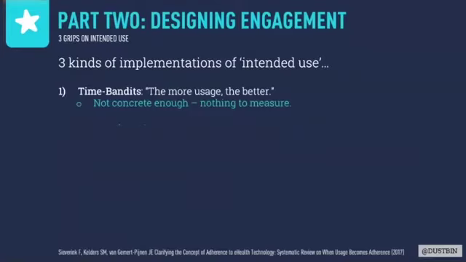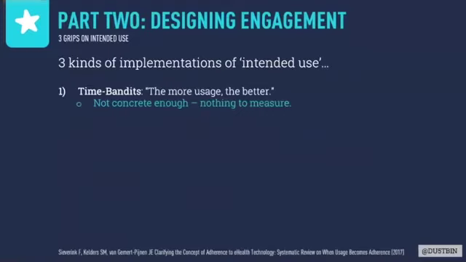And we see a few different kinds of patterns or implementations when we think about this intended use. And I think we all see these when we talk about, well, how should people be using it? How much is enough? What should we do? We typically see one category of intended use we call time bandits, right?